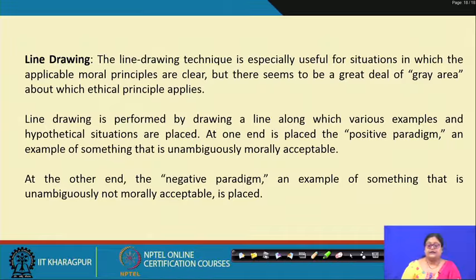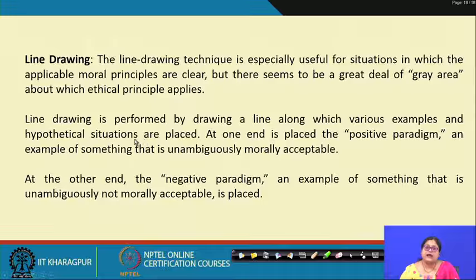So we can try to understand these techniques through some techniques which we call line drawing and flowchart. The line drawing technique is used for situations in which the applicable moral principles are clear, but there is a gray area about which ethical principle applies.